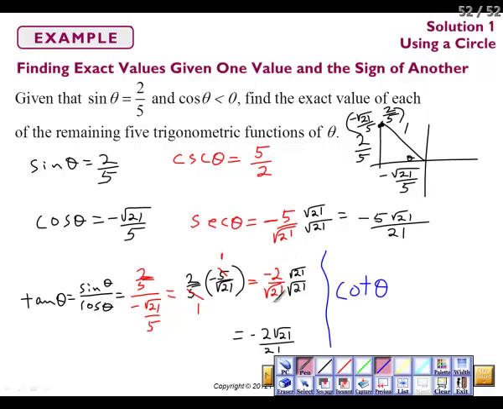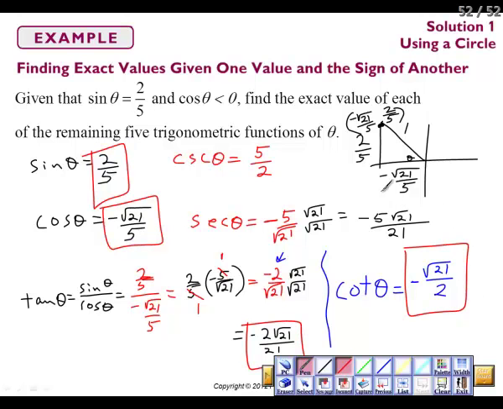So basically we're looking at negative 2 over square root of 21 and just apply the reciprocal to that. And so that becomes negative square root of 21 over 2. Well, since it's not simplified if the negative's in the denominator, we just put that off to the side. And it's the same thing. And so we have our 6 trigonometric values that we were looking for.